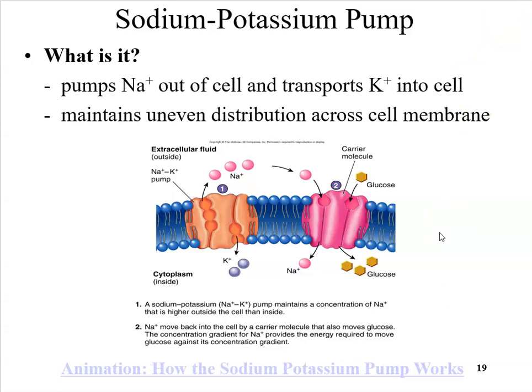As we learned previously, the sodium-potassium pump uses ATP to pump out sodium from where there's less of it to where there's already a lot outside of the cell, and transports potassium from where there's less of it outside of the cell to where there's already a lot inside. So you can see here, it's going to pump out 3 sodium ions for every 2 potassium ions that it pumps in.